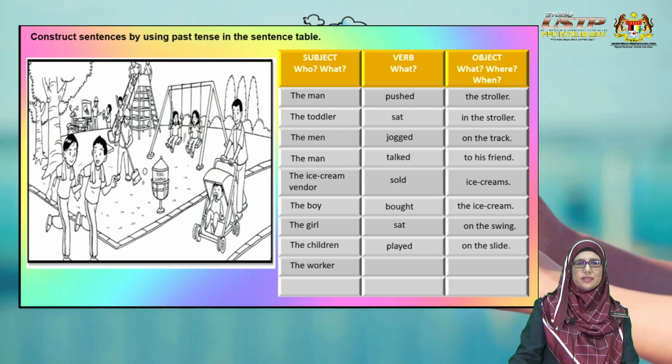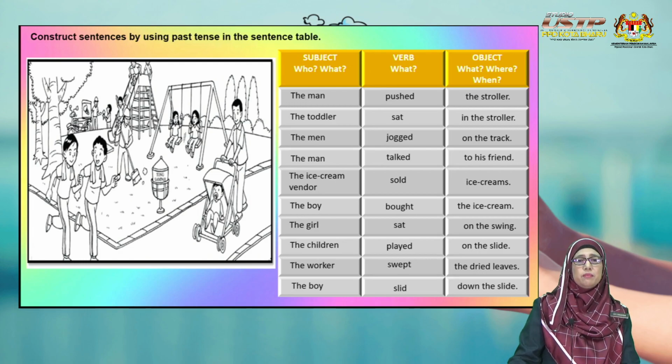The worker swept the dried leaves. The boy slid down the slide. So for the first step, the pupils will be able to construct simple sentences using past tense.